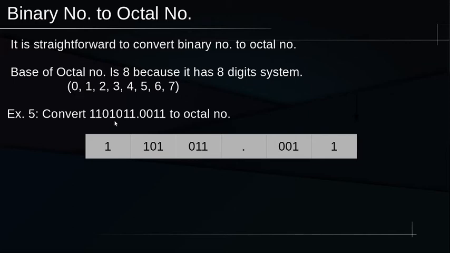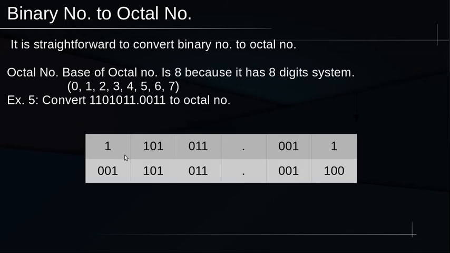Because only one digit is left, we write this left digit here. For the fractional part, we count left to right. Our first group is 001, so we write 001. Only one digit is left, so we write here 1.